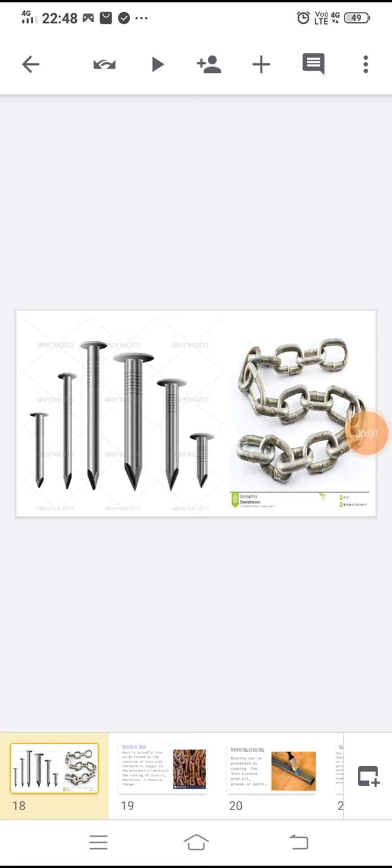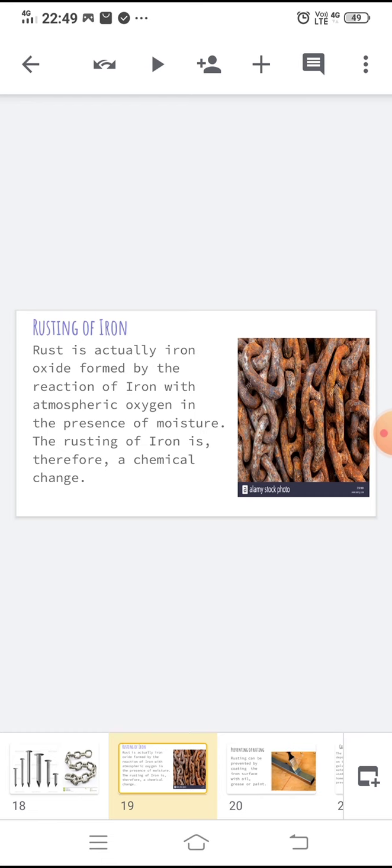Have you seen what happens to iron objects that have been left out in the open for a few days or weeks? Yes, an orange-brown material called rust is formed on the surface of the iron objects. Rust is actually iron oxide formed by the reaction of iron with atmospheric oxygen in the presence of moisture.